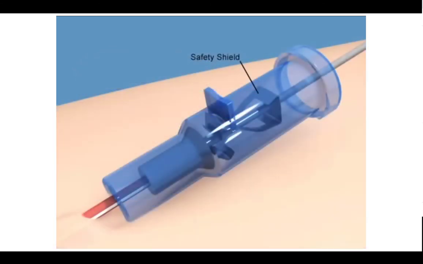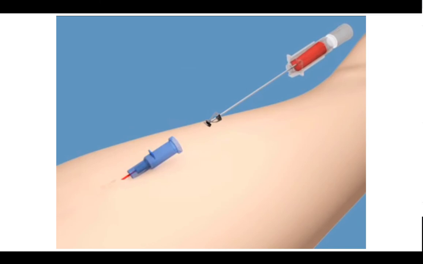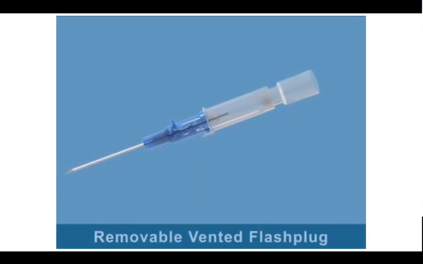The safety shield on the B. Braun Intracan Safety IV catheter engages as the needle tip passes through the catheter hub. It deploys automatically and permanently shields the needle tip. This safety feature cannot be bypassed and is designed to protect against needle stick injuries. The removable vented flash plug provides additional versatility to the Intracan Safety IV catheter.